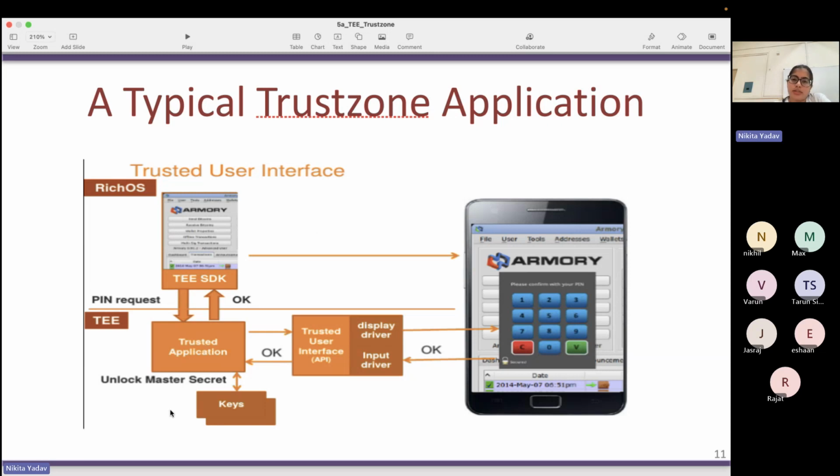So ARM TrustZone in such cases enables you to write your applications in such a manner. When you click on, say, enter pin, it is going to pass the control to the TEE. The TEE will start a trusted application, and that application will directly read the input from the screen, from the display, and do the matching. Your application in the normal world will never come to know what the pin was, which protects the integrity of the pin which you are entering.